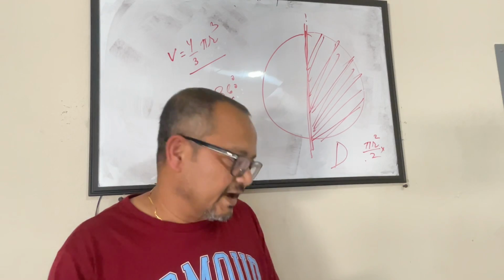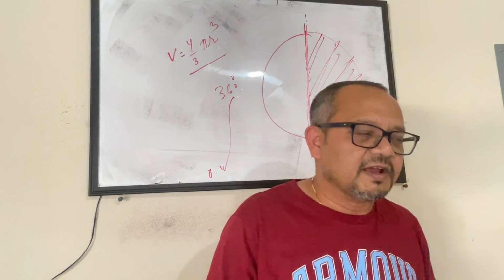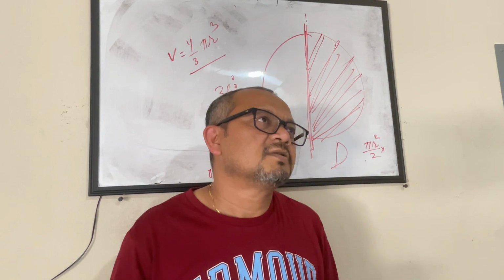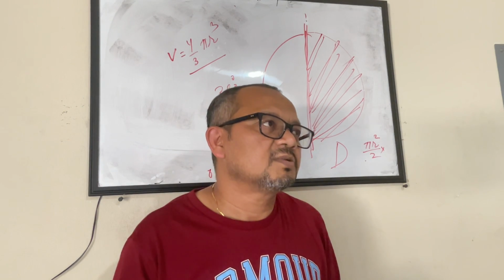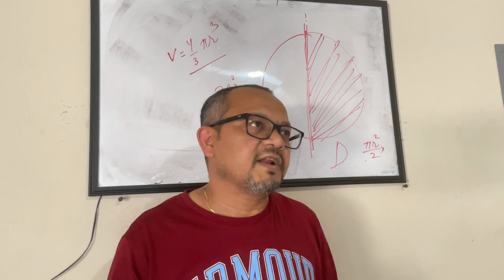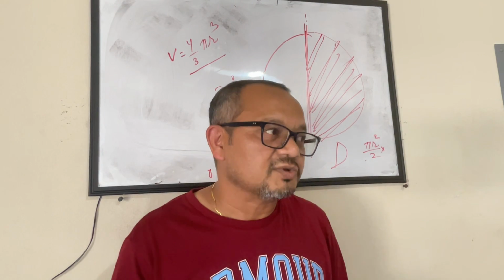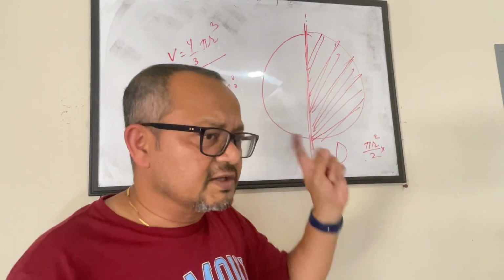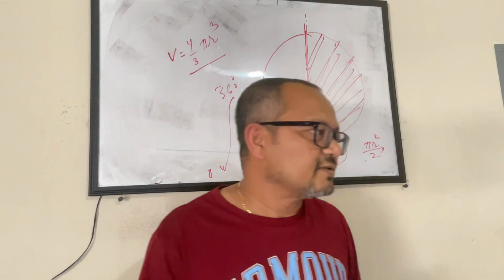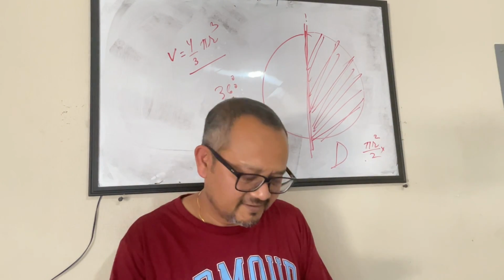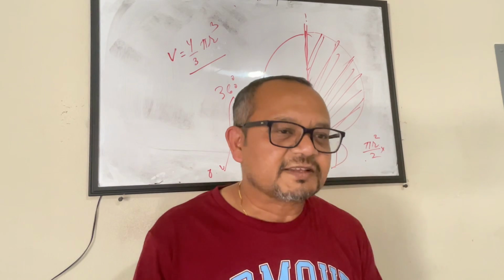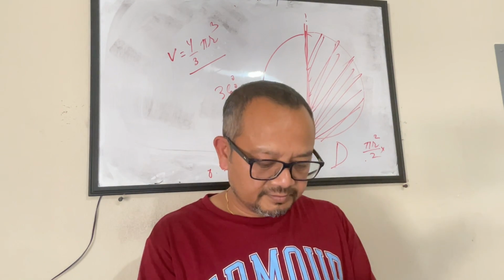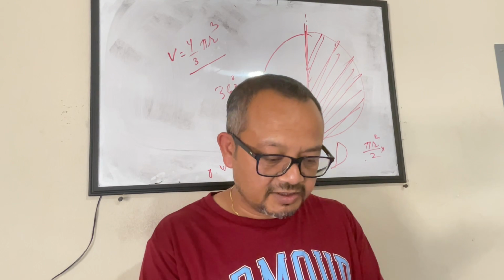Let me do one thing: I will try finding out if there's an easier way to prove the volume and surface area of a sphere. Does anybody remember the surface area of a sphere? Okay, so that's an assignment for me. Let me try finding an easier way to prove that. Let me just quickly check.